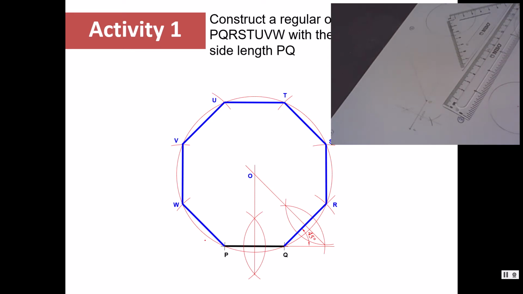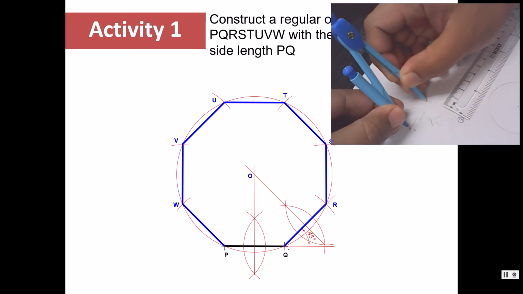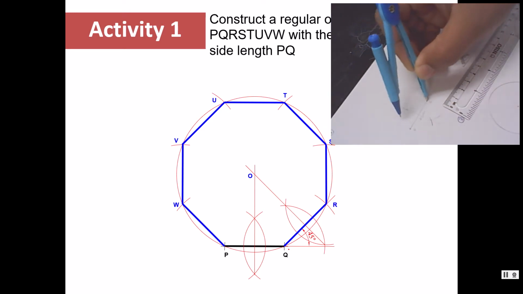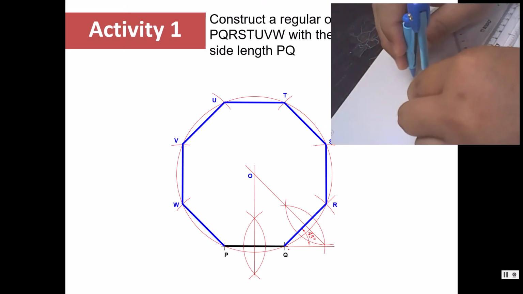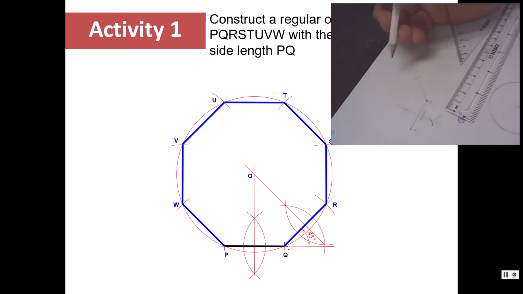And then now we want to determine the R point, and the distance from Q to R is similar to the distance of PQ. So PQ is 30 mm, and QR is also 30 mm. So this is the R point.